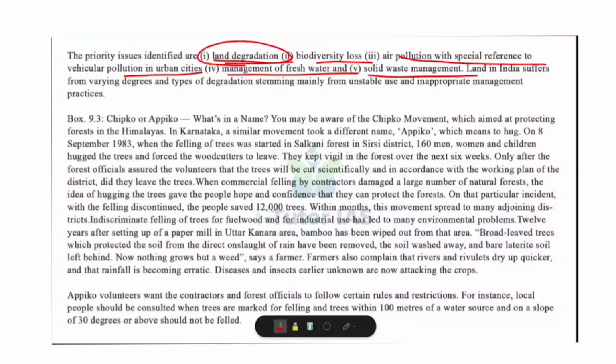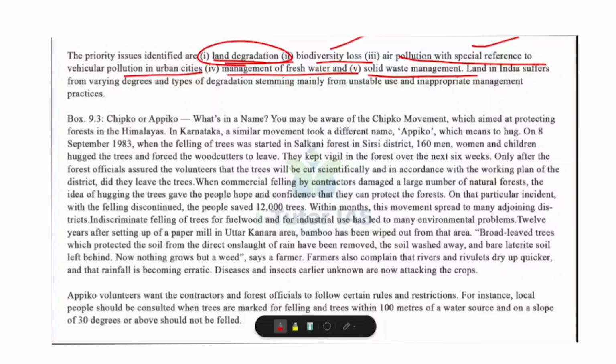Land in India is suffering from various degrees of degradation, mainly due to unsustainable land use and improper management practices. What about biodiversity loss? The rich variety of plants and animals in India is under threat. And air pollution, especially vehicular pollution in urban cities. That means rapid urbanization and increasing vehicles are the major contributors to this air pollution.